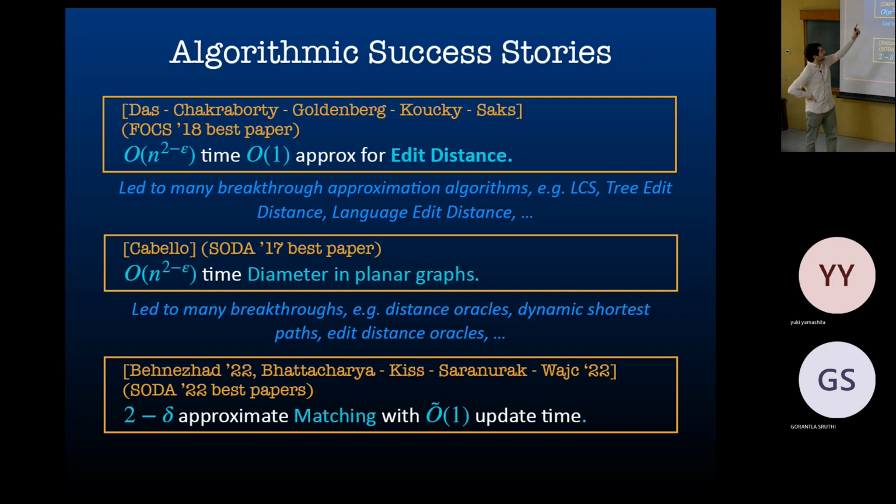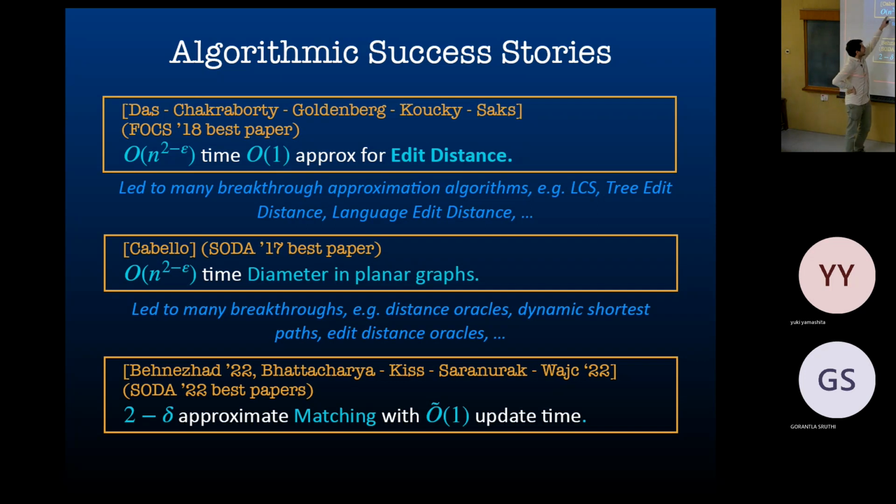And then there's this group which got the best paper at FOCS where they got an algorithm. They didn't solve that. Before their work, the best approximation was a polylog n factor, and they got a constant factor approximation. And they say explicitly that they are motivated by the lack of lower bounds for the problem. Since then, this technique that they introduced has led to a lot of exciting breakthroughs for other problems.